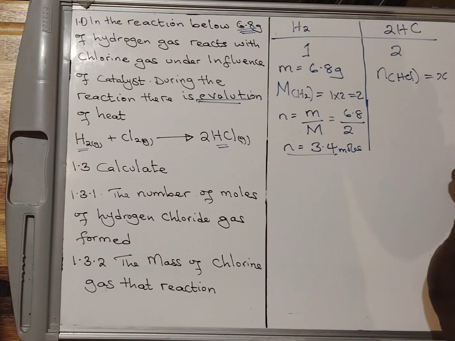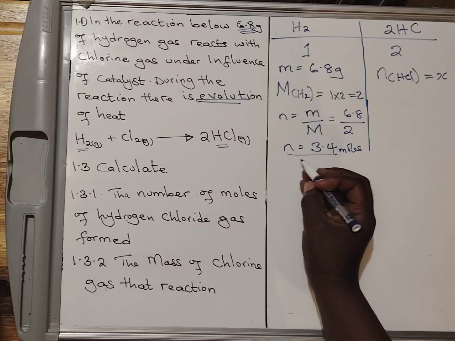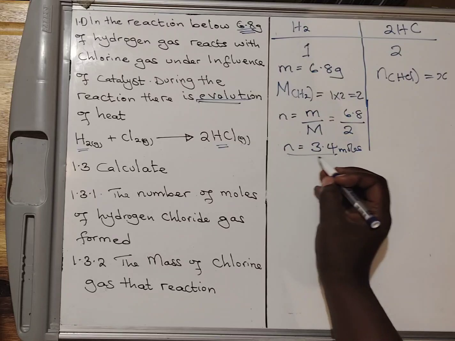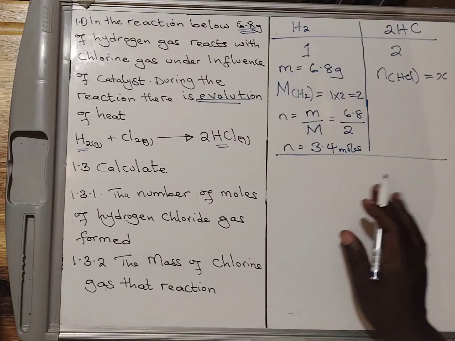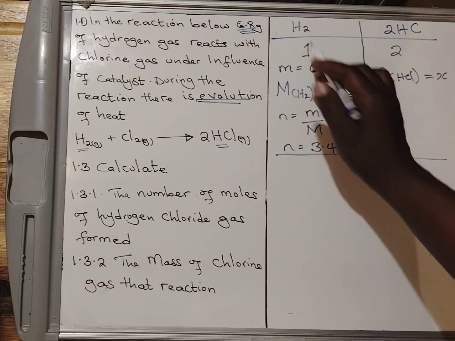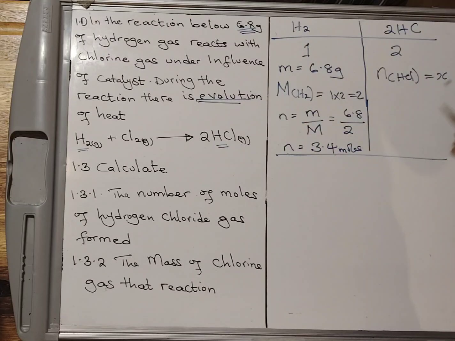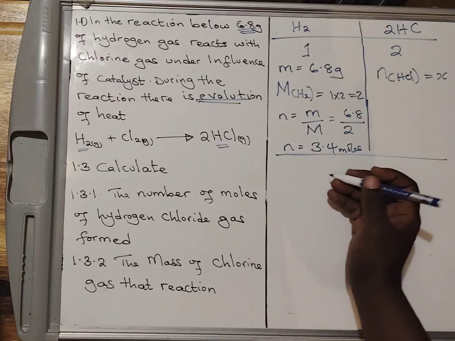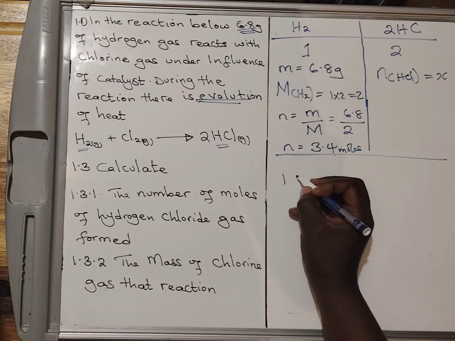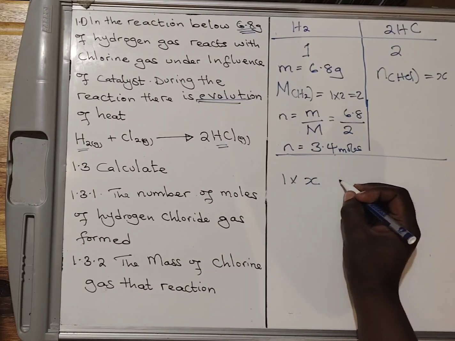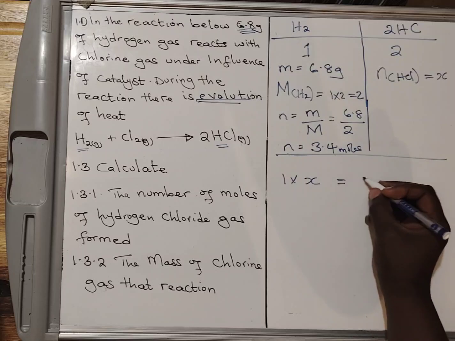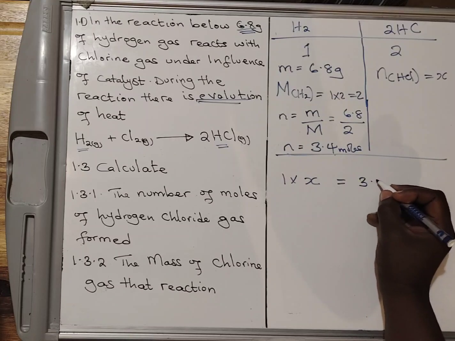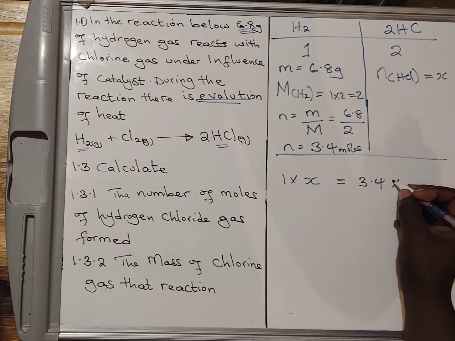And like I always say, these are directly proportional ratios. What does that mean? That you can get any of the unknown by cross multiplying. So what are we having here? We are going to have 1 times X, which is equal to 3.4 times 2.